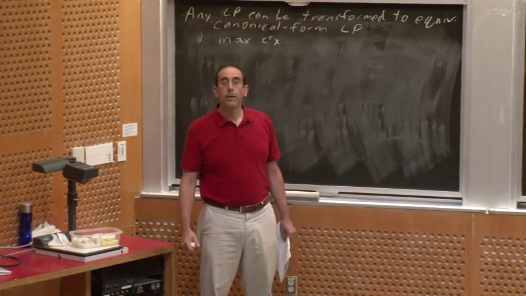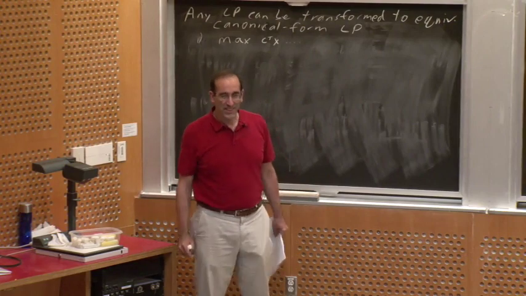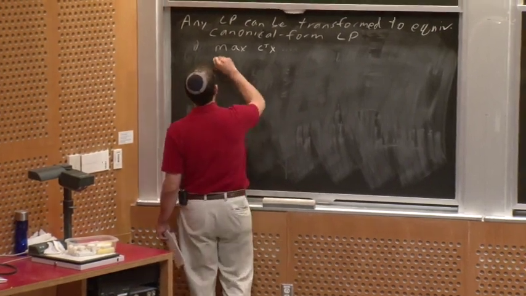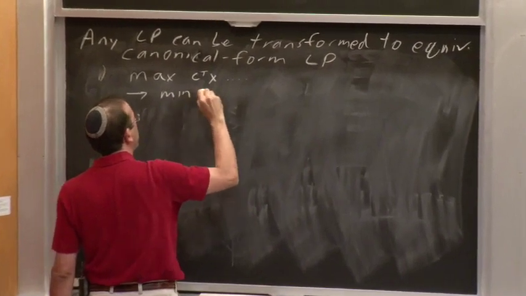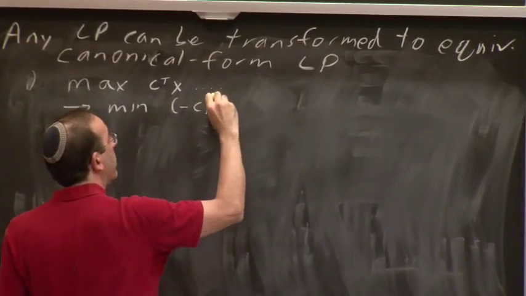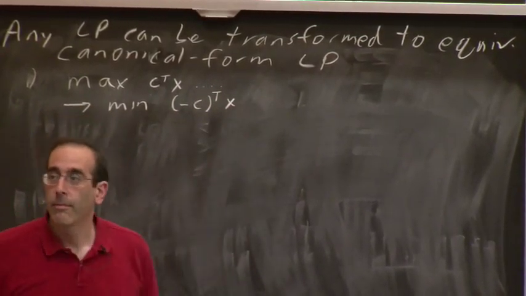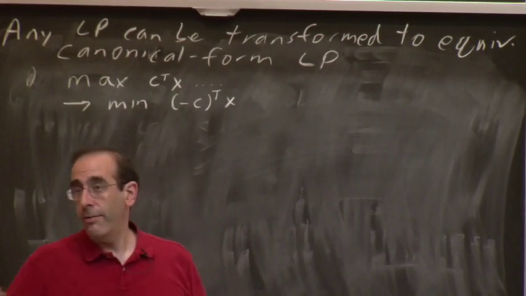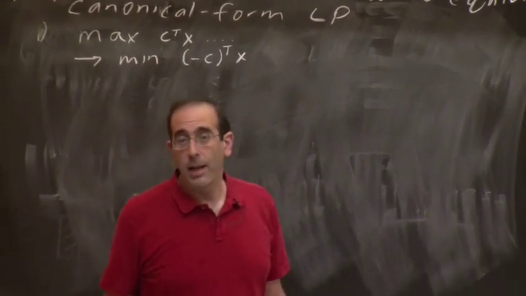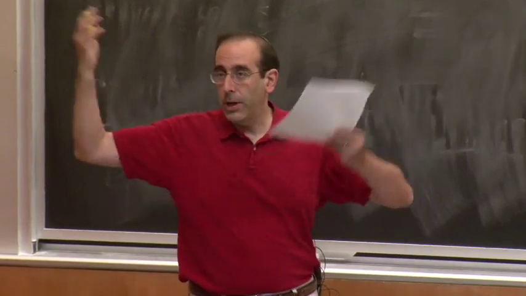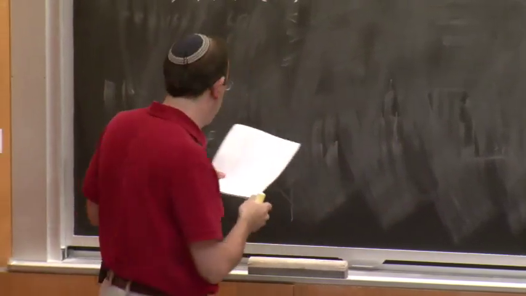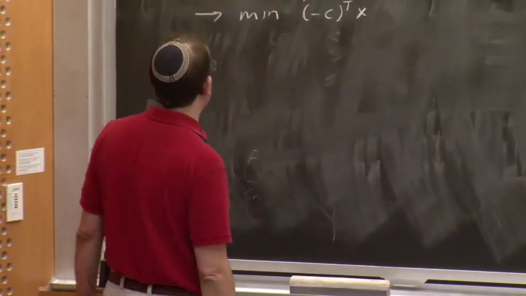Yeah? Minimize the negative. Right. So I'll just turn this into minimize minus c transpose x. Right? So you notice I've changed the value of the solution. I've negated it, but obviously there's a one-to-one correspondence between the solutions of these two LPs.